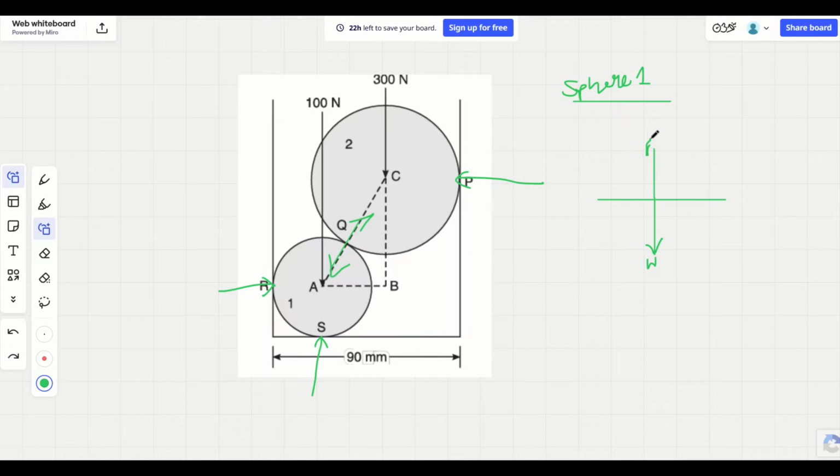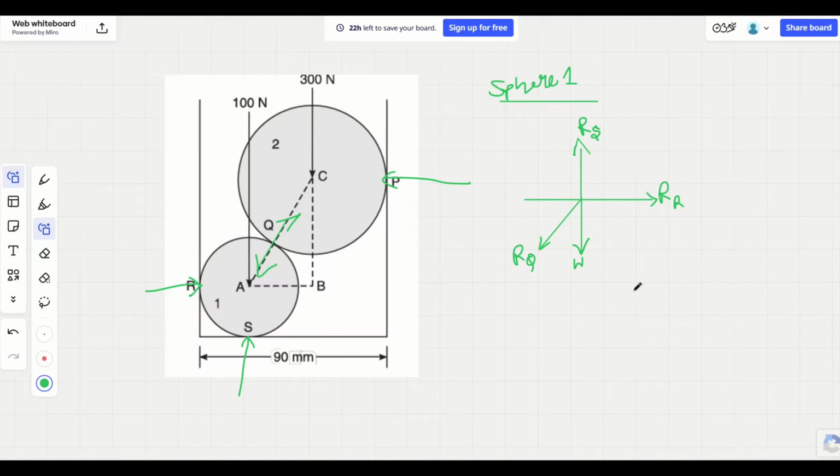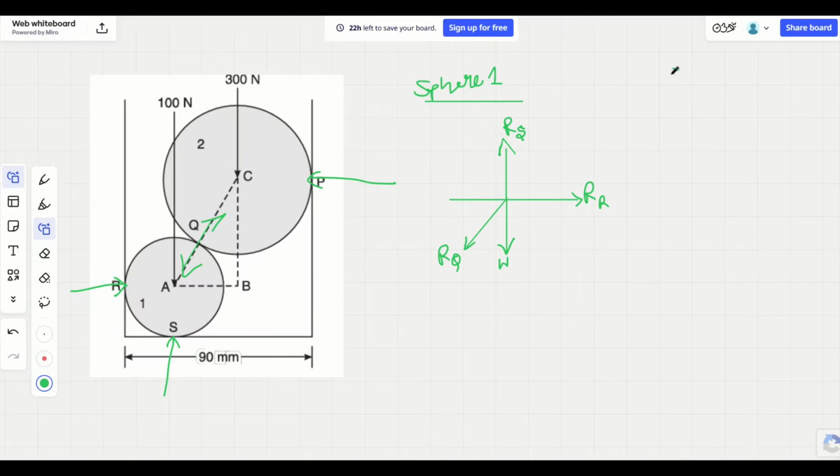This is RS, exactly at the y axis, and this is RR, reaction R. Anything left? This one is acting in this direction, that is RQ, reaction Q. Understood? Now you have to draw for sphere 2.